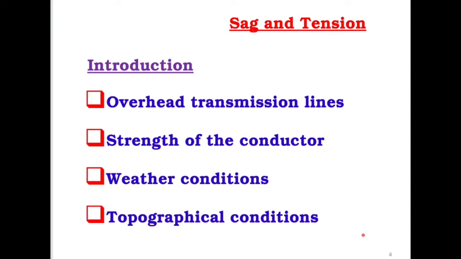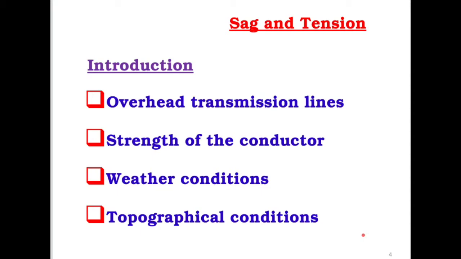But we have overhead transmission lines that we normally see in the outskirts of the cities. Sometimes they pass through areas that these days we might find busy, but at the time when they were built, those places were not that busy, so it was allowed.